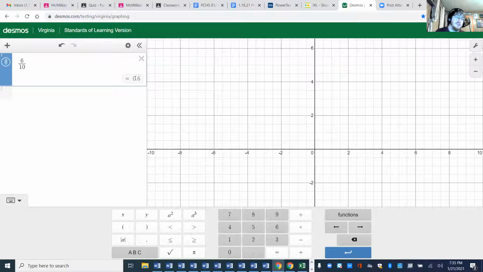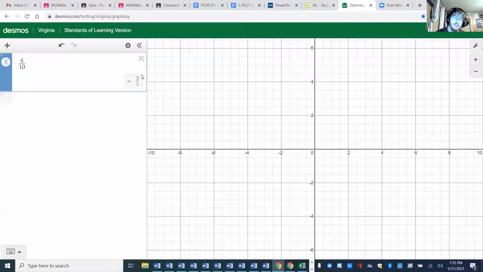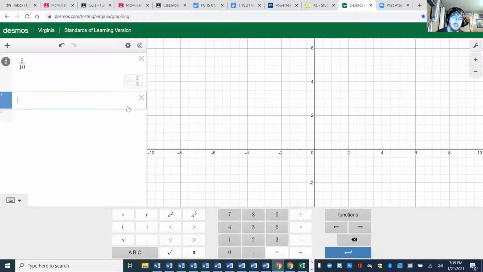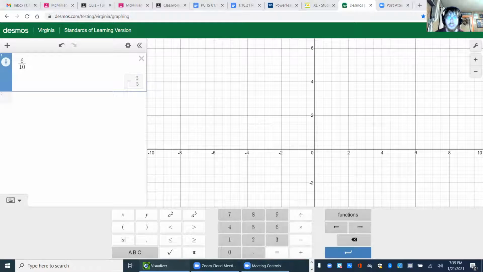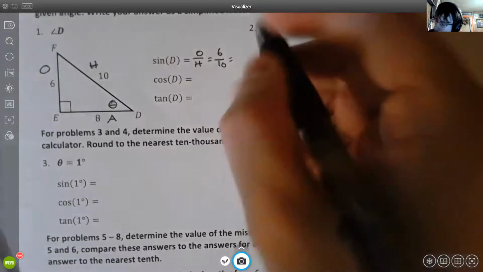So we're going to click this little fraction bar inside a circle here, and it will simplify that decimal to its simplest fraction form. It turns 0.6 into 3 over 5, and that's our simplest fraction. So 6 over 10 is equal to 3 over 5. And you can do that for any of these problems here.